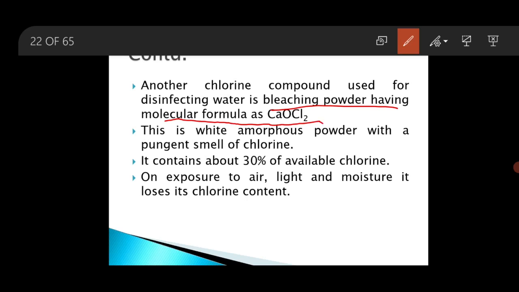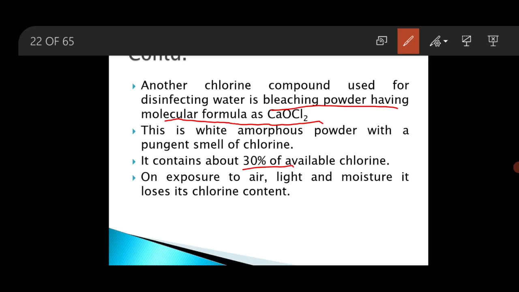This compound is a white amorphous powder with a pungent smell of chlorine, and it contains about 30% available chlorine. But it is an unstable compound, and on exposure to air, light or moisture, it rapidly loses its chlorine content.